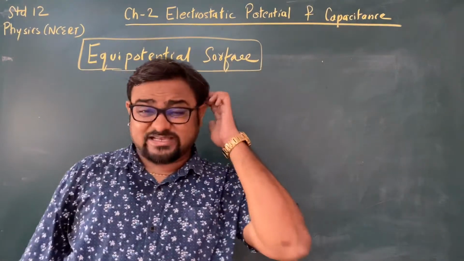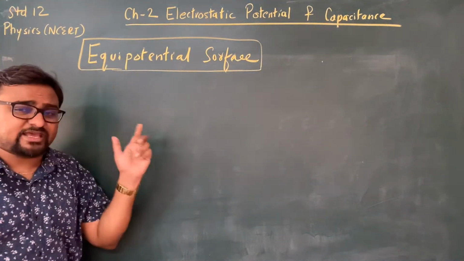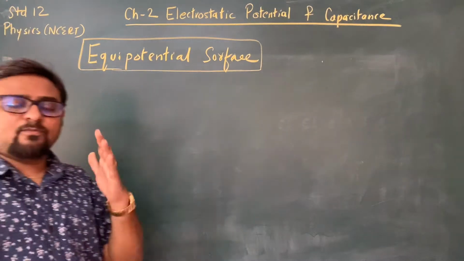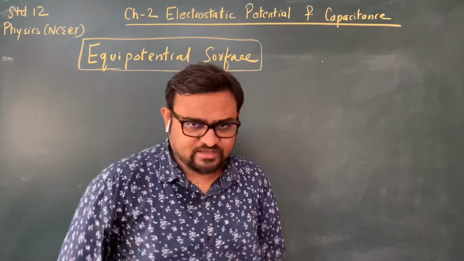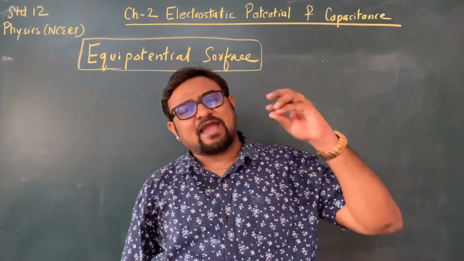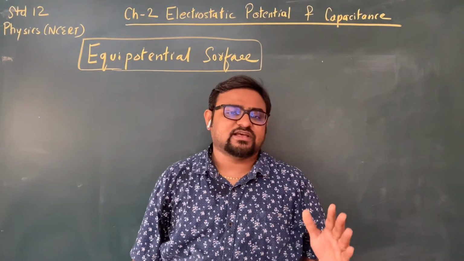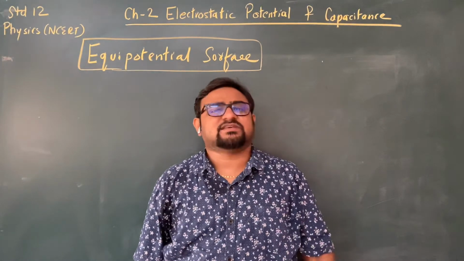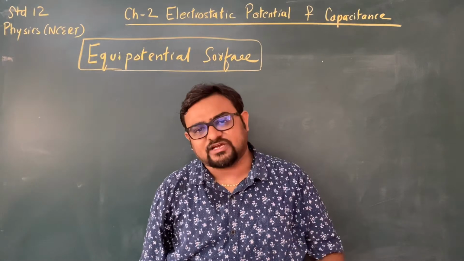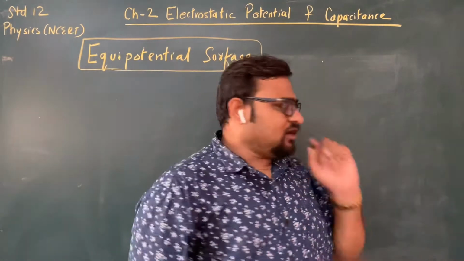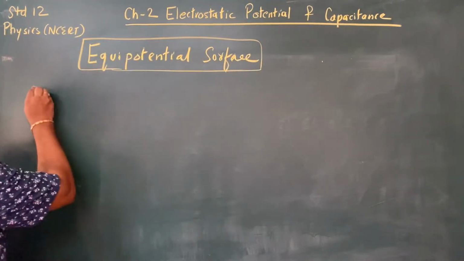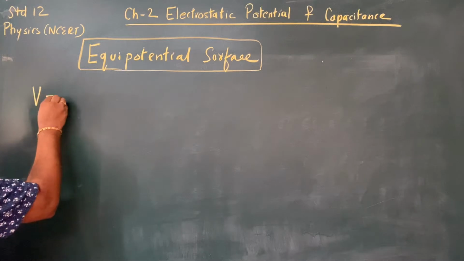Now, the name itself: equi means same, potential means the surface at which at every point the potential is same. That is equipotential surface.